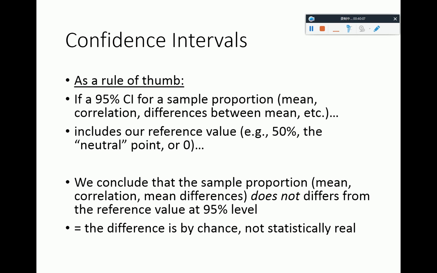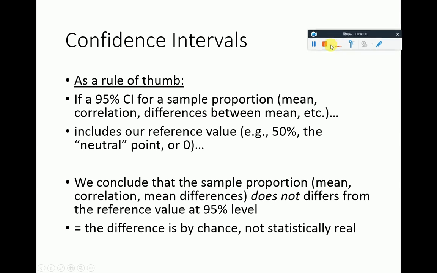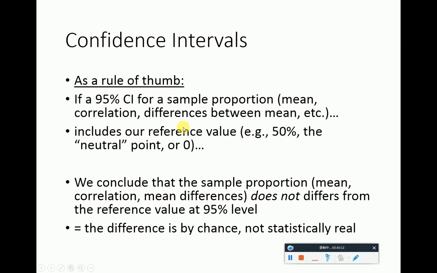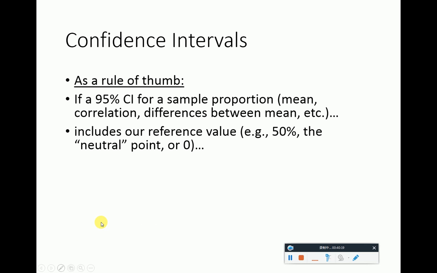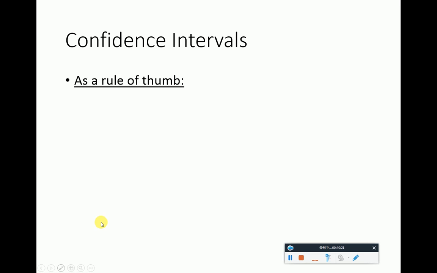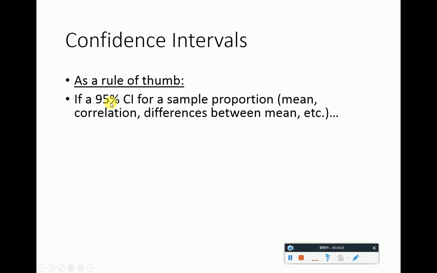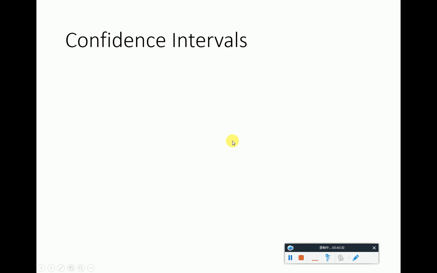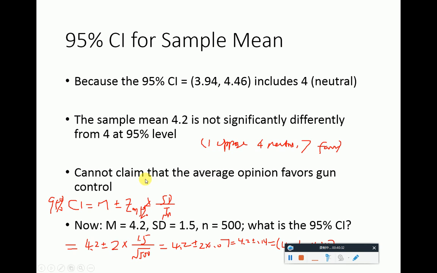All right, so that is pretty much about the confidence interval. As I said, this is a rather new idea, I assume. The bottom line is you should know how to calculate 95% confidence intervals for a sample proportion and sample mean. And you should be able to draw conclusions such as, is the majority of the population in favor of the issue?